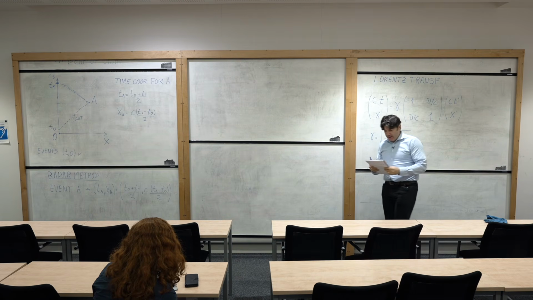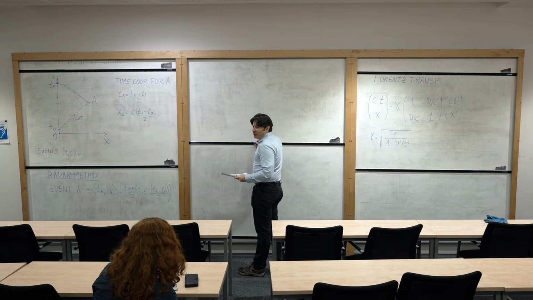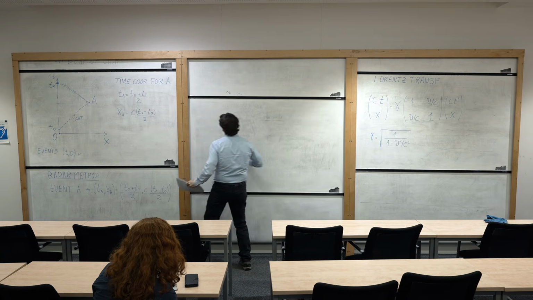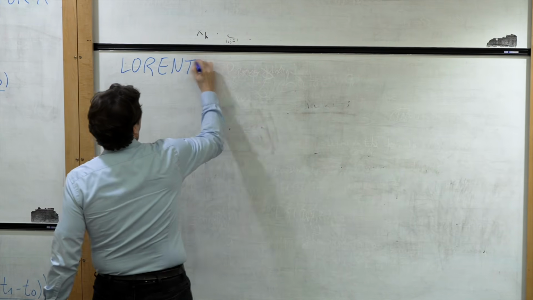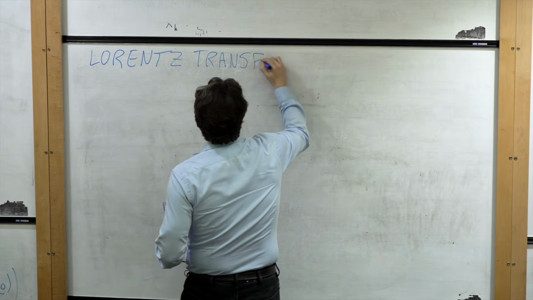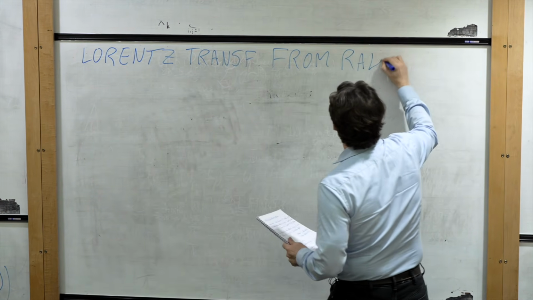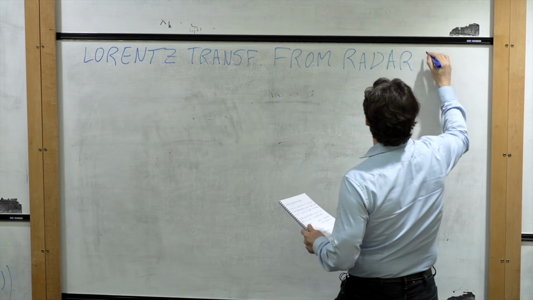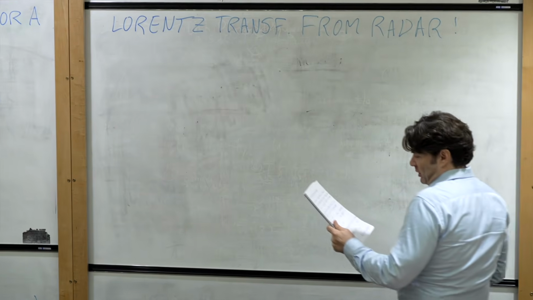So now we will consider something much cooler than this. We will derive the Lorentz transformations from the radar method. This is what Einstein did in his original paper. But let's go slowly.